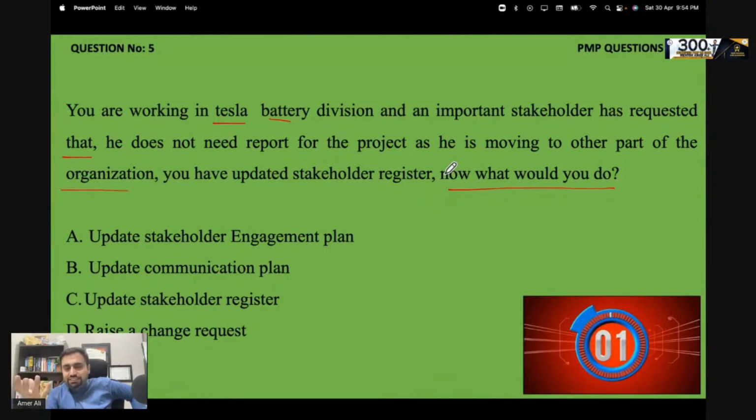Your strategy is changing. But in order to change the strategy, you need to raise a change request. The first thing you need to do is raise a change request. How can you update this directly? If the change request was not in the options, then you may discuss, okay, it will be communication plan or stakeholder. Since it is in the options, we need to raise the change request.